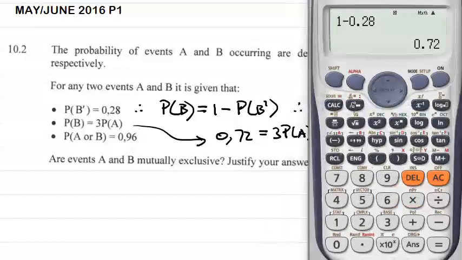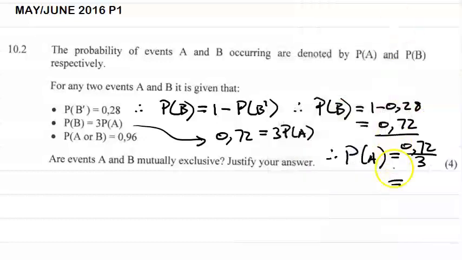So the probability of A is 0.72 divided by 3, and that's equal to 0.24.